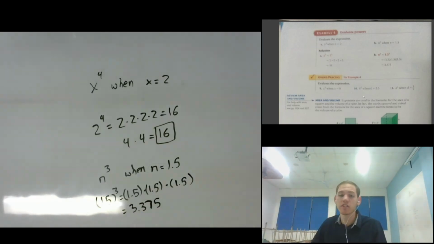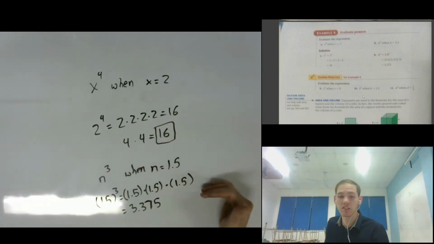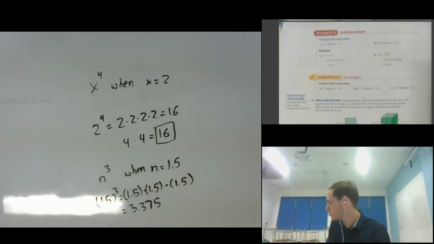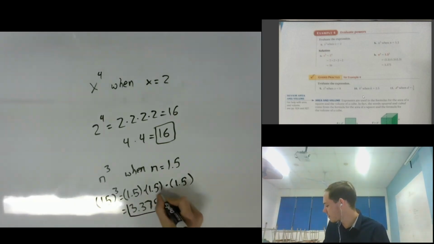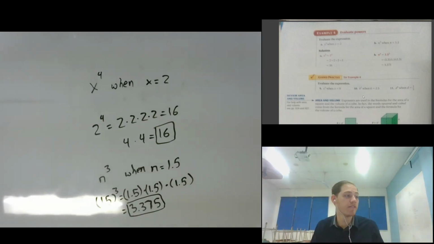If you're wondering how we did this, we would probably use a calculator. You can do the math, I believe in you, but with 3 factors of 1.5 it's reasonable to use something else. So that is 3.375. You can box your answer. That is how we evaluate expressions, especially when there's powers involved.